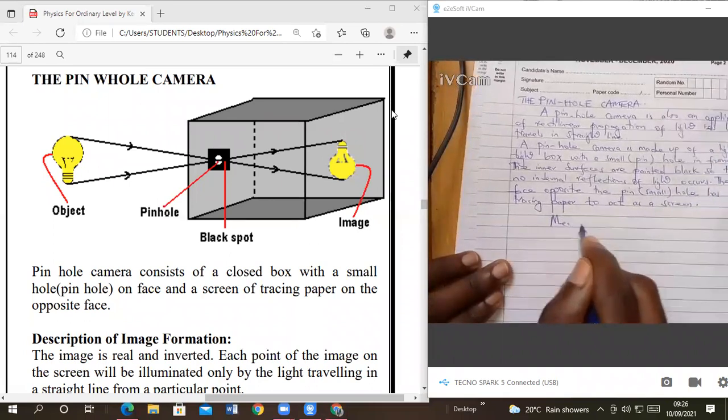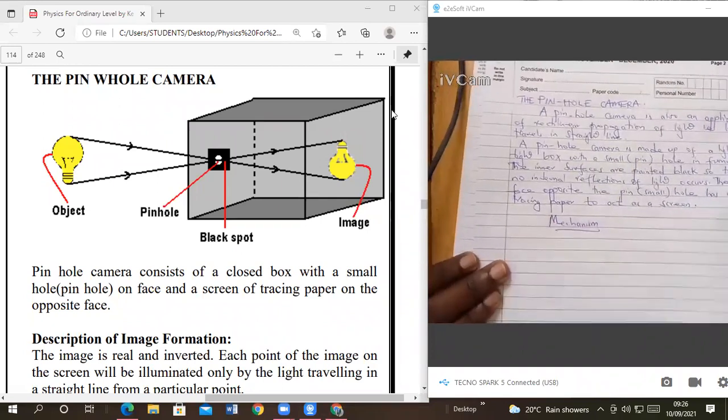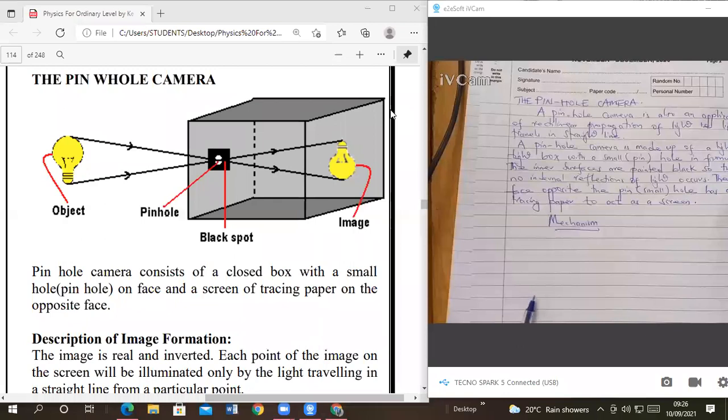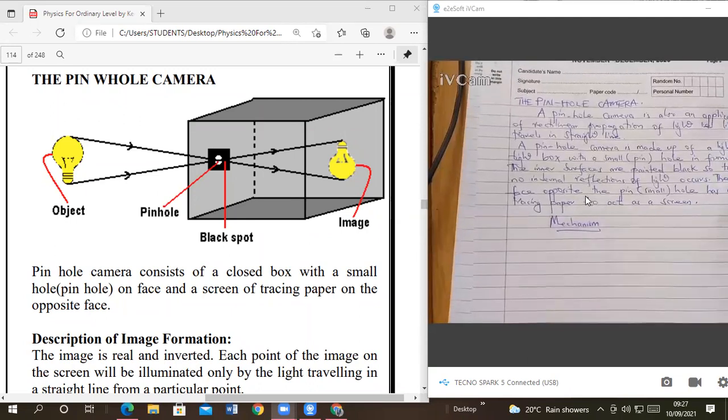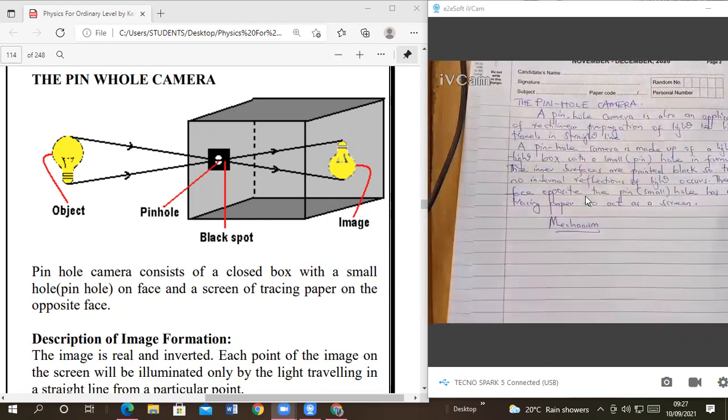Let's look at the mechanism. Members, who can tell us, from the simple description I've given here, how does a pinhole camera operate? How does it work? Who can give us an answer?